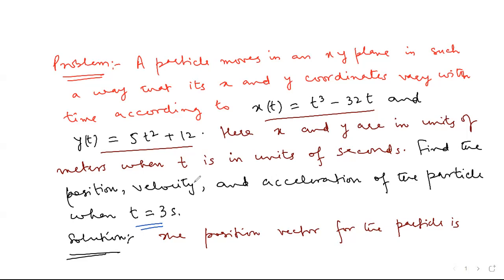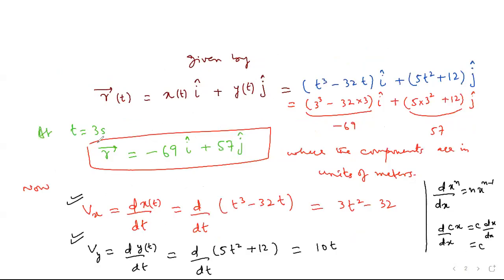What we did, we said the position, velocity, and acceleration are vectors, and the position vector in general will be this, because the coordinates will become components of the position vector. Then we put t equal to 3 seconds to find the position vector at t equal to 3 seconds.